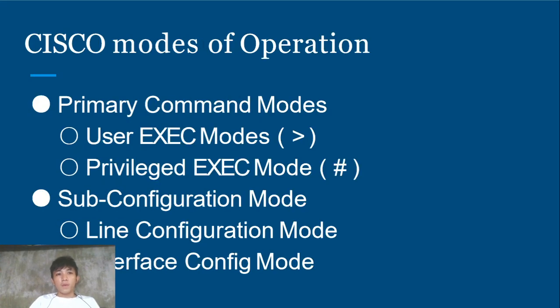Next is the Cisco modes of operation. We have primary command modes and sub-configuration modes. In primary command modes, we have the user EXEC mode, whose symbol is the greater than symbol, while the privileged EXEC mode is the hashtag symbol or number sign.